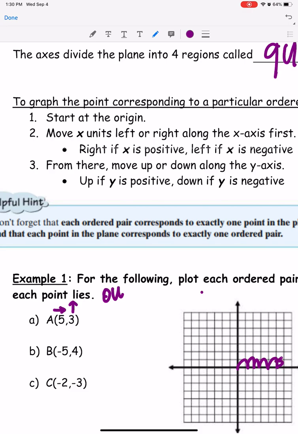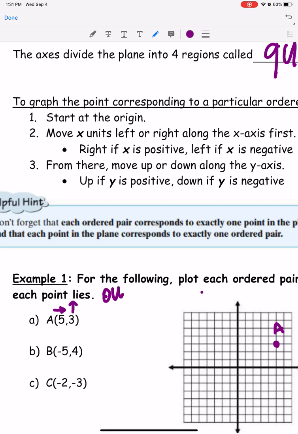And then up 1, 2, 3. So your point is right here. And I'm going to get rid of all those lines, but that's how you're counting since you can't really see my pencil. You're going over 1, 2, 3, 4, 5. Then from this point here, you're going up 1, 2, 3. So we are only making a dot right here. And then we can list that as A.